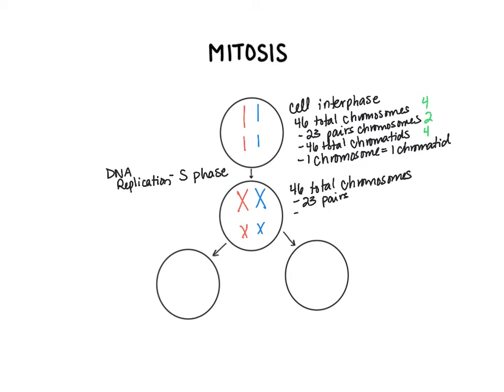So 46 times 2 gives us 92 chromatids. And that's because one chromosome is now equal to 2 chromatids. And remember that the chromatids are identical to each other, because they are exact copies of each other.